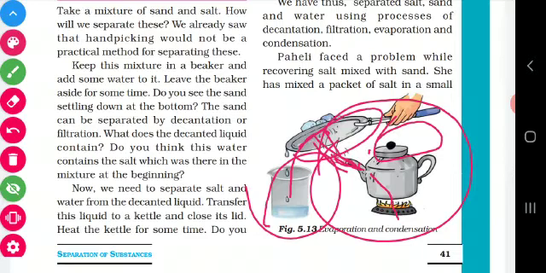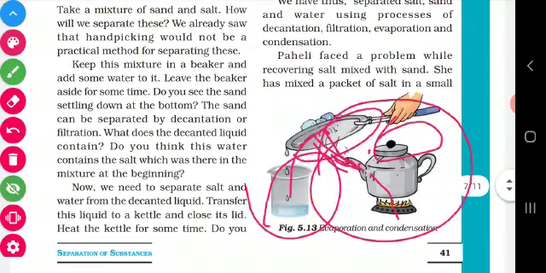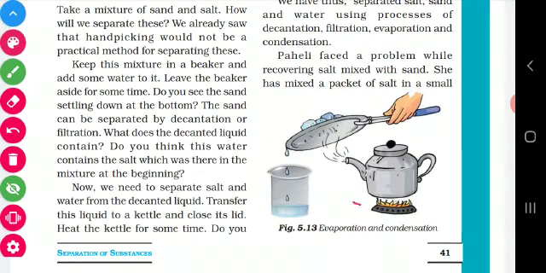Now we have separated water from the mixture and the salt will be left behind in the kettle itself. Thus we have separated sand, water and salt by using three techniques.